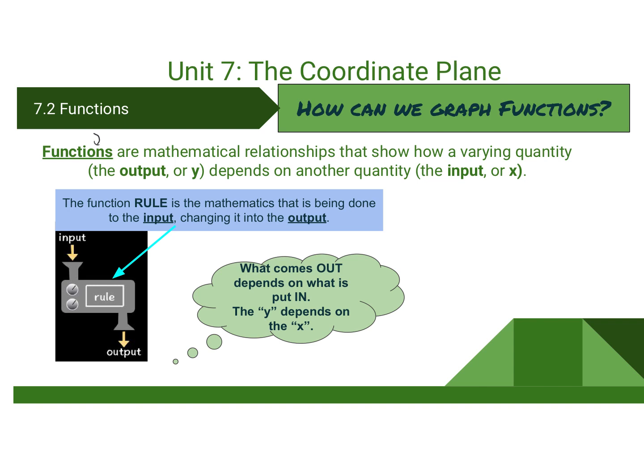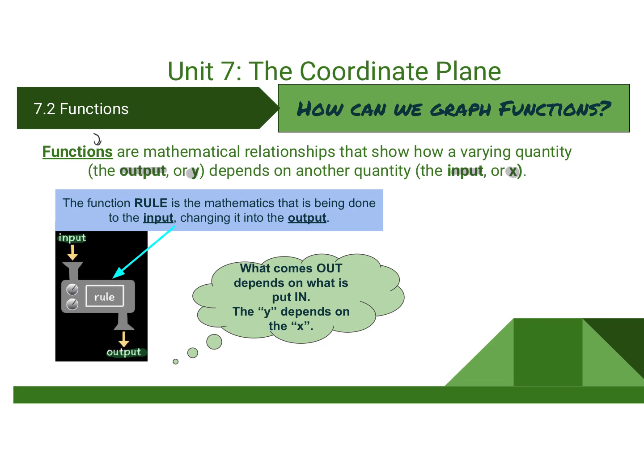A function is just a mathematical relationship showing you how the output, the y, depends on the input, or the x. So you've probably seen this in the past. The input goes in, we follow a rule, and the output comes out.